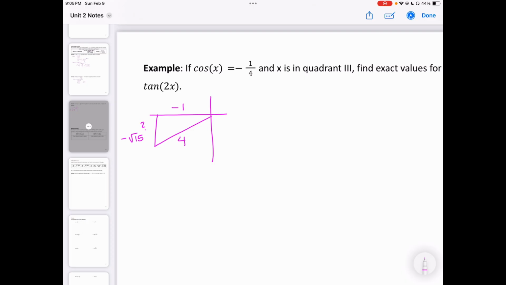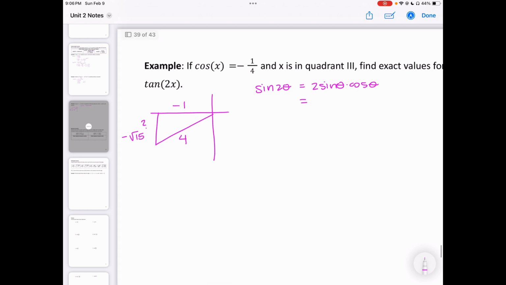Now, sine of 2 theta only has one option. Okay, it is going to be 2 times sine theta times cosine theta. Unfortunately, we just have the one option for that. We'll go ahead and plug in what we know. We're going to have 2 times sine, which is negative root 15 over 4, times cosine, which is -1/4.